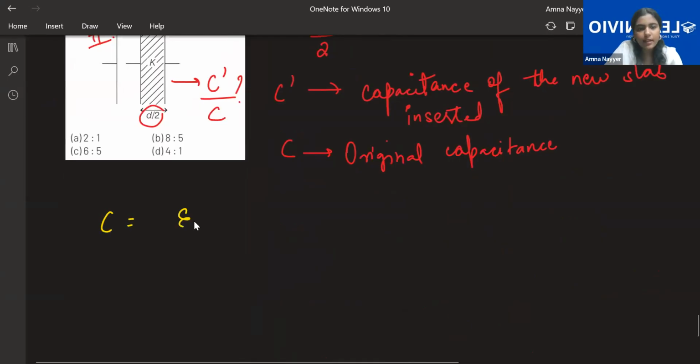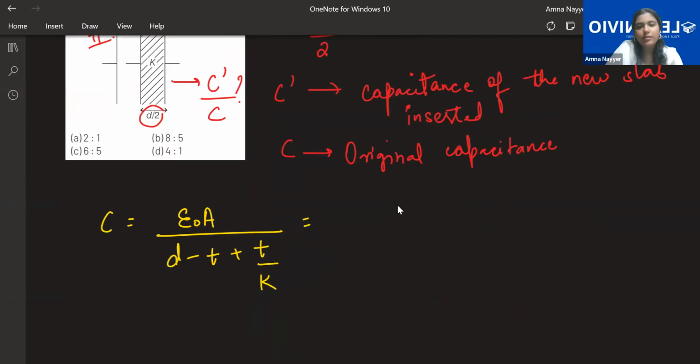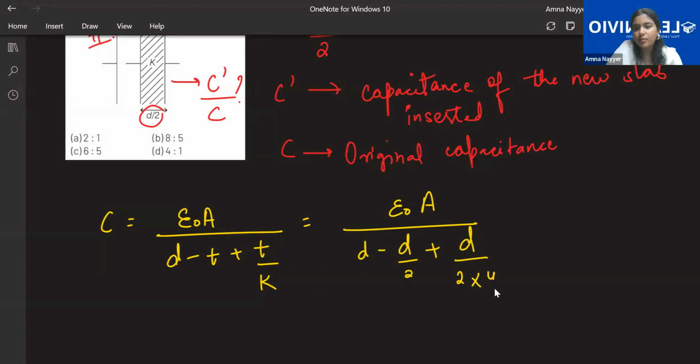The formula you said right: epsilon naught A by D minus T plus T by K. When we put in the values: epsilon naught A, D is D, thickness is D by 2, plus thickness D by 2 over K, and K is given as 4.